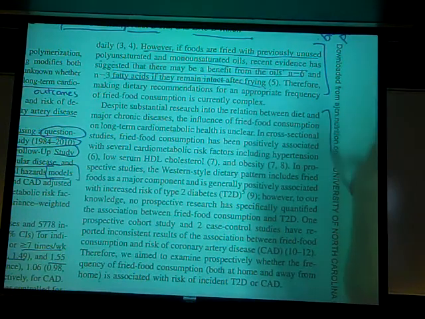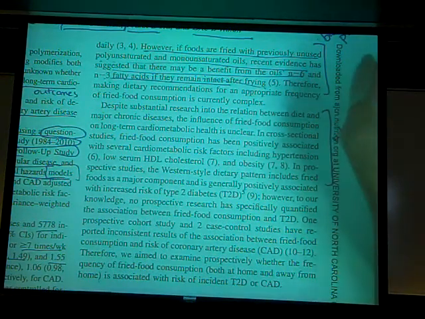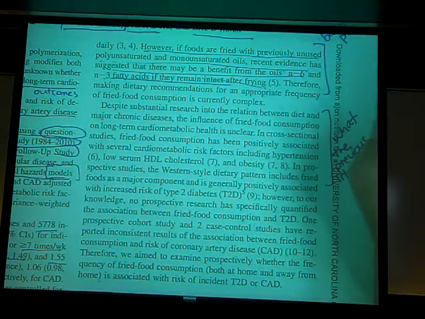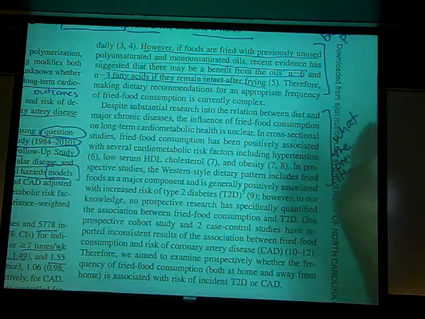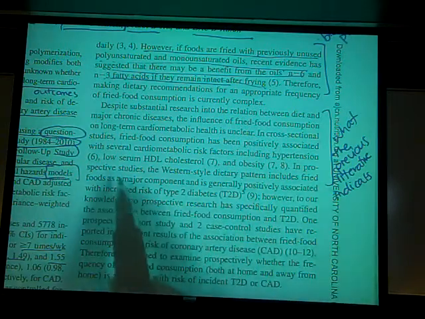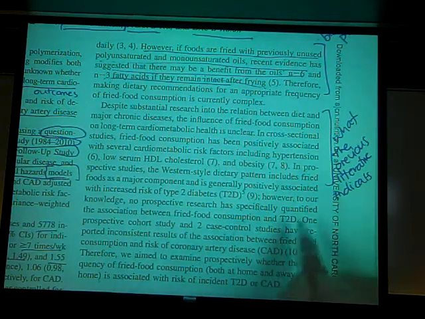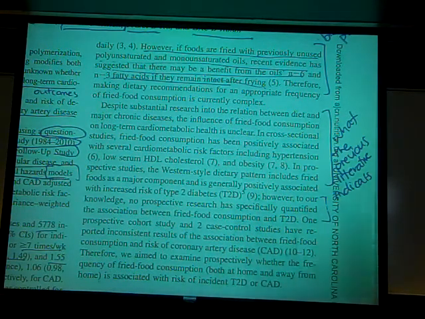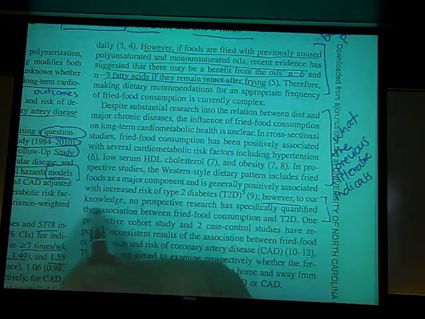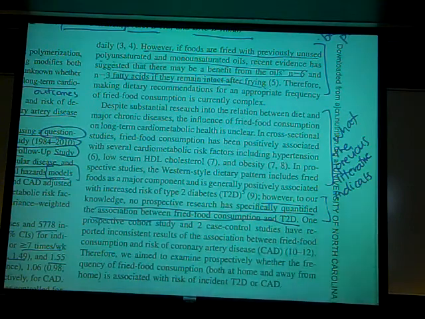So what this section really is telling me is what the previous literature says. However, to our knowledge, no prospective study has specifically quantified the association between fried food consumption and type 2 diabetes.